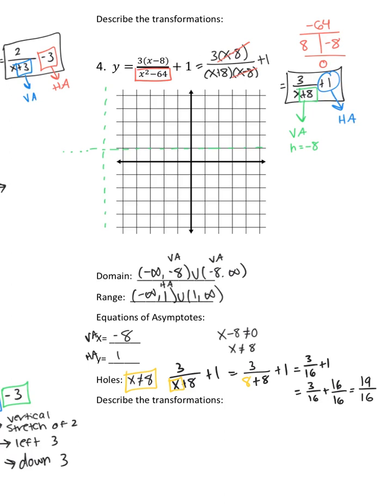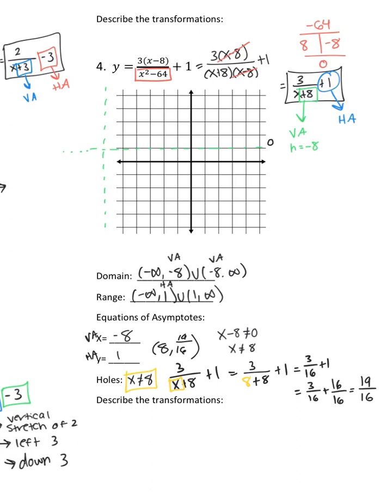So 19/16 is a little bit bigger than 1. So your hole would be at 8, 19/16. So I'm going to go over 8 and then up a little bit further than 1. So my hole is going to be about right there.